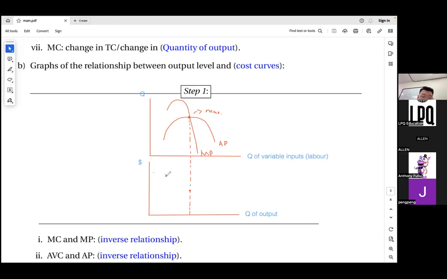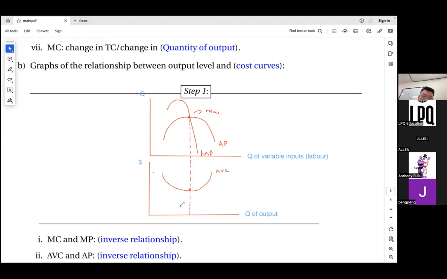So I can draw my AVC like this. When AP increases, your AVC decreases. When your AP begins to decrease, your AVC begins to increase. We label this one AVC.